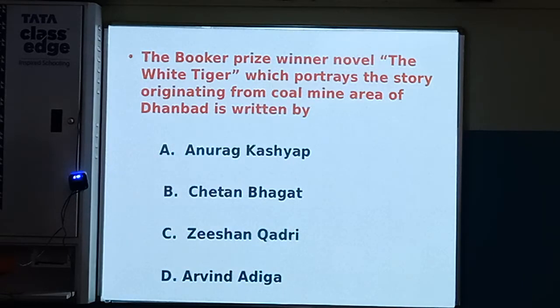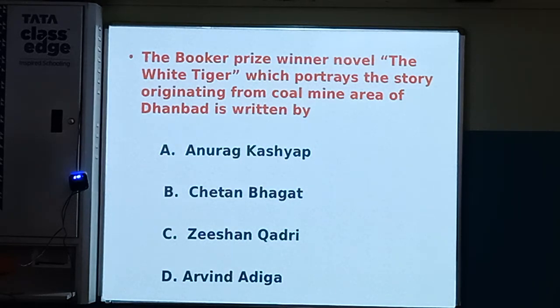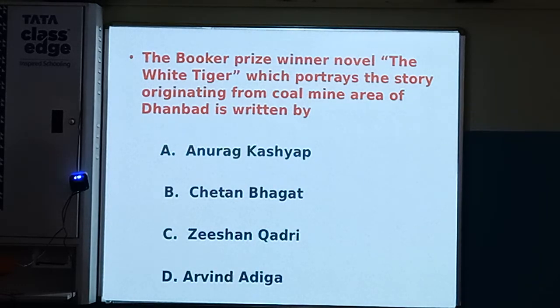So they are not mutually exclusive. Some of the options are related to each other. Anurag Kashyap is a film director and writer. Chetan Bhagat is a novelist, but he has not got the Booker Prize for a novel. Zishan Kadri is also a writer, director and actor. Arvind Adiga is a writer.